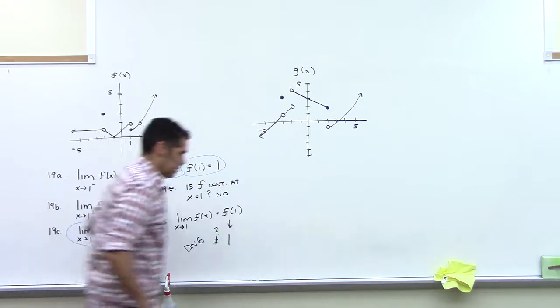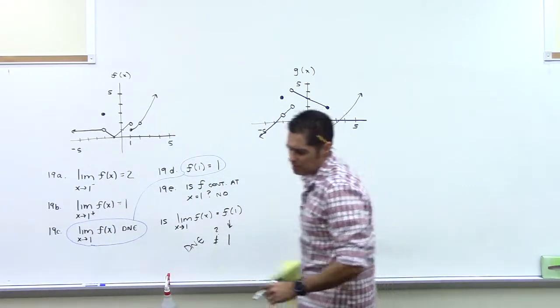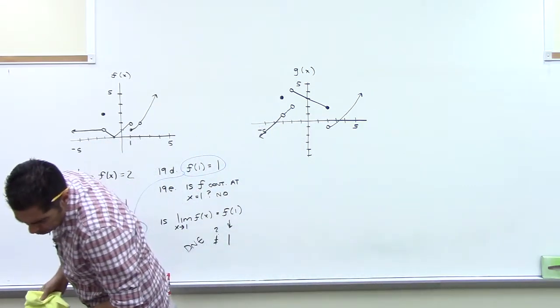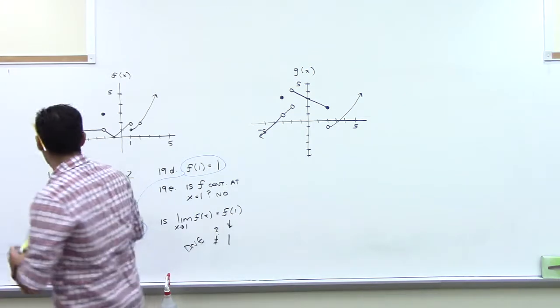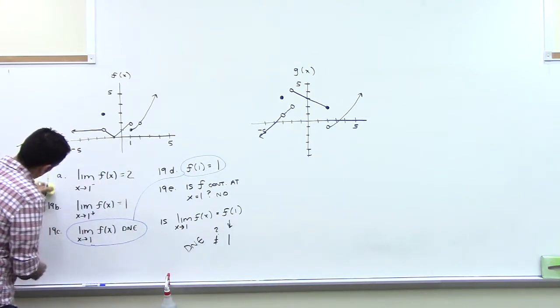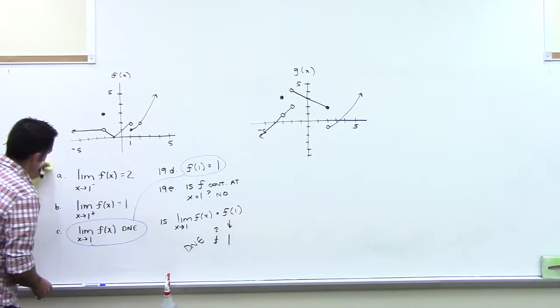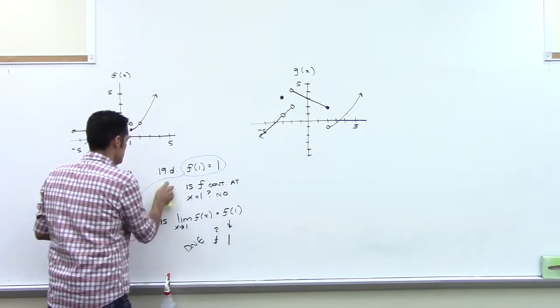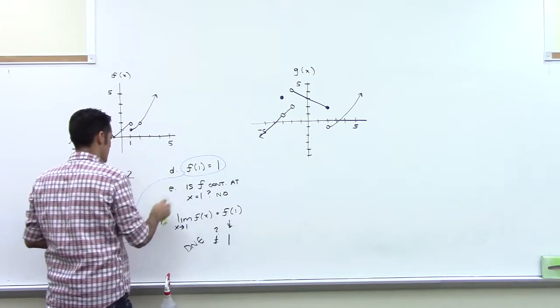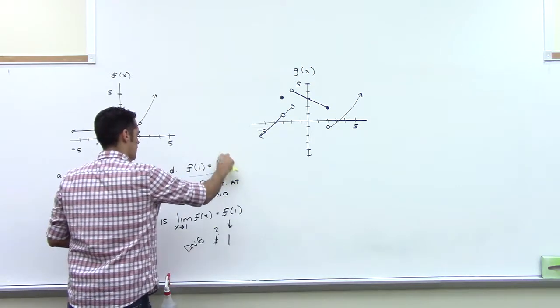Okay, now let's move on to the next problem, which is going to be number 20. And we're going to be doing basically the same questions we just had here. 20 A, B, and C. And then 20 D, E, and F. Let me erase this blue here.